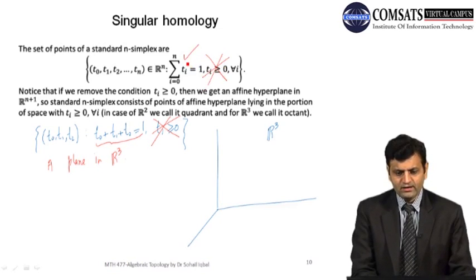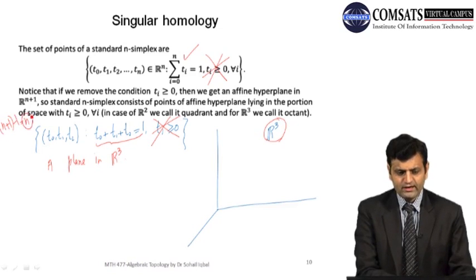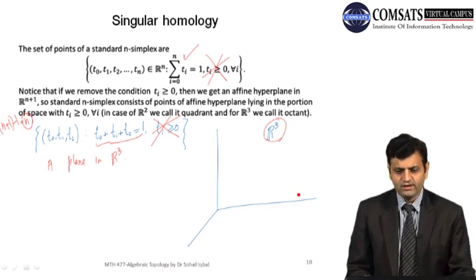In Rn plus 1, this is going to be a plane of dimension n. In R3 you get a plane of dimension 3 minus 1, and in Rn plus 1 you get a plane of dimension n plus 1 minus 1, which is equal to n. So you get an n dimensional plane, and we call that a hyperplane. So a hyperplane is basically a plane of dimension n in Rn plus 1.